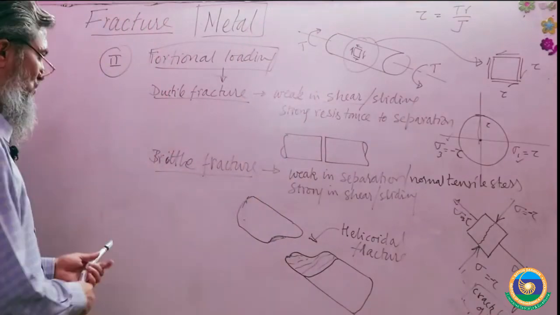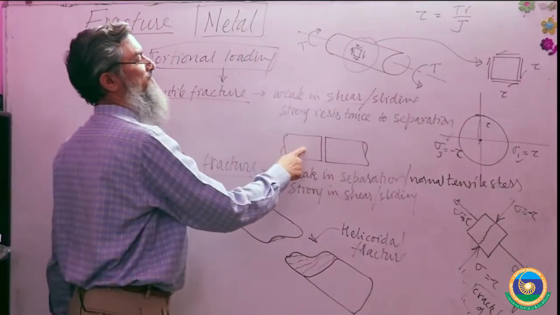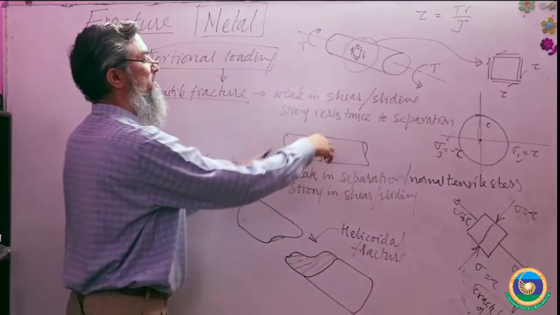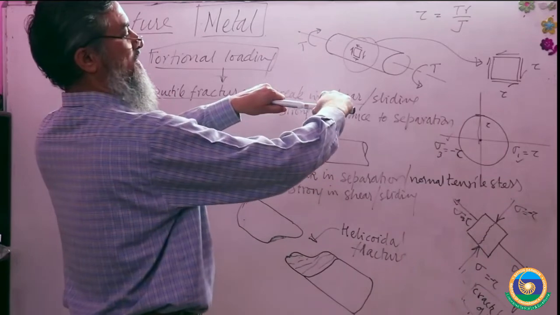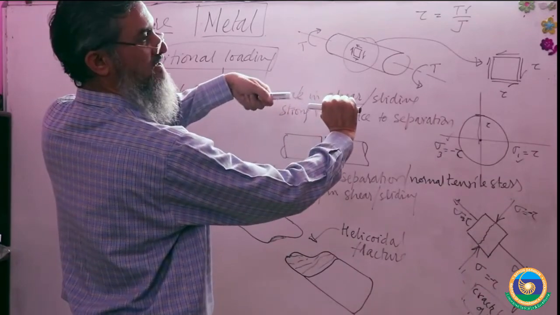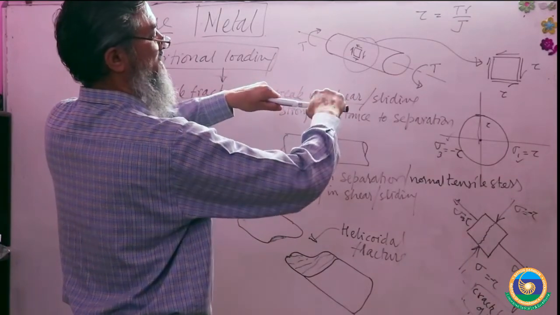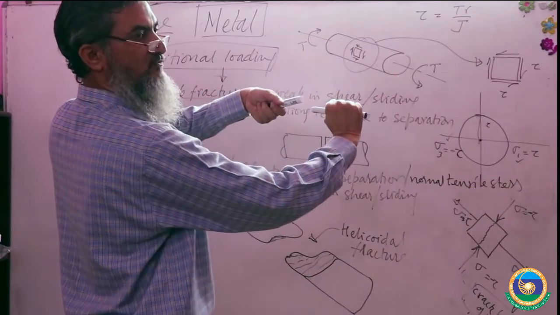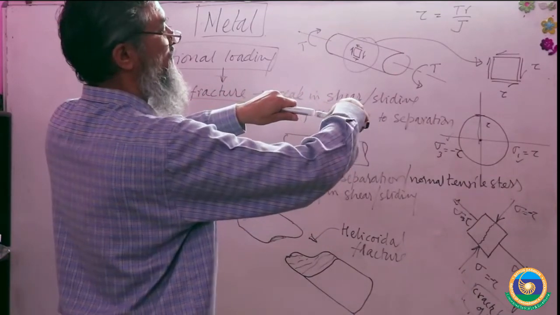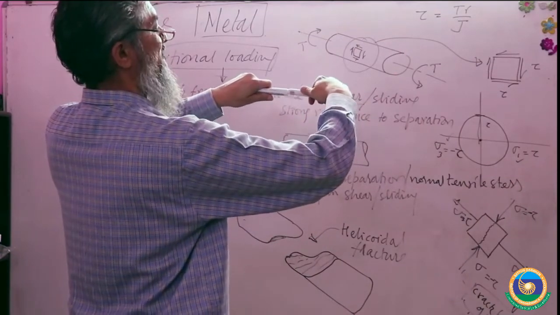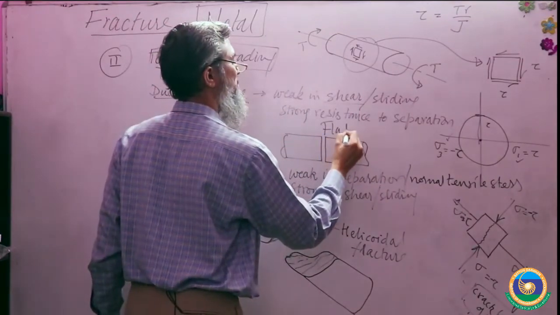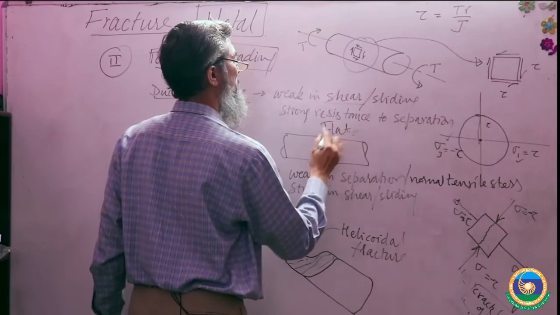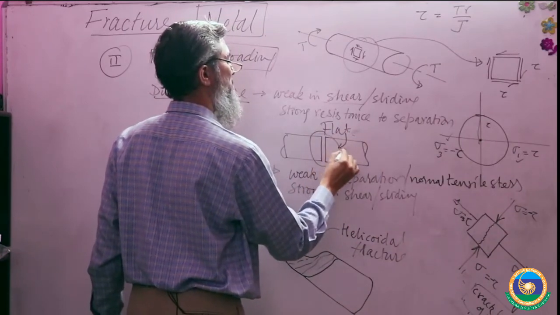Coming to torsional load, if you have a ductile fracture and you go on twisting the material, you will find that it has failed like this. If you take the case of mild steel or copper, you will find that it has failed in a flat fashion. This is flat fracture, right?